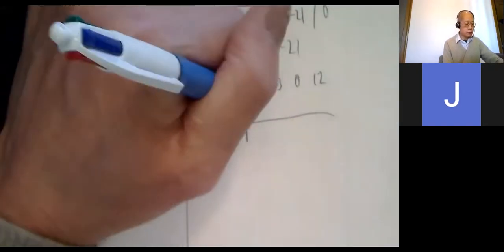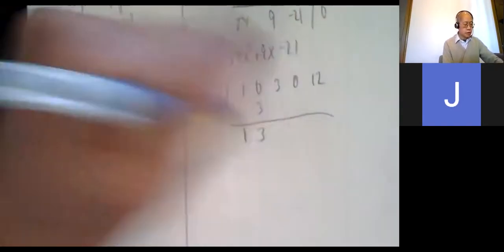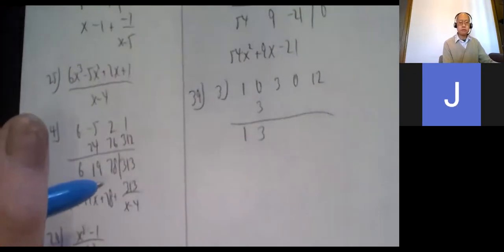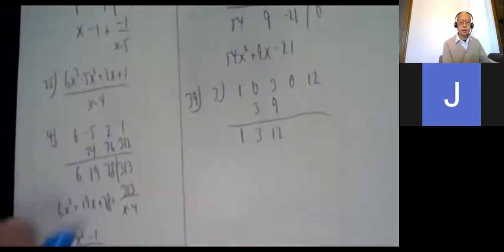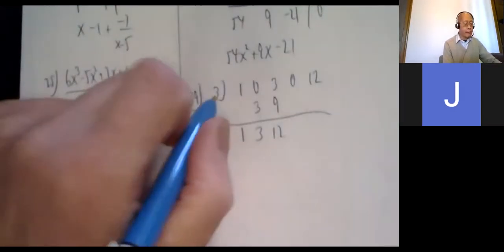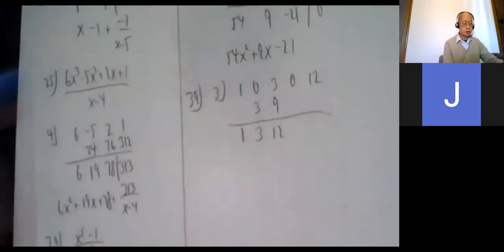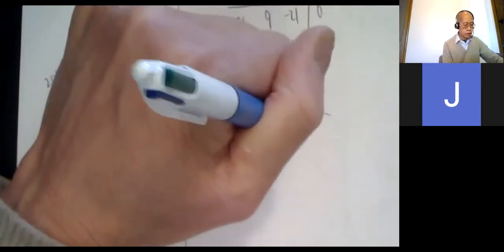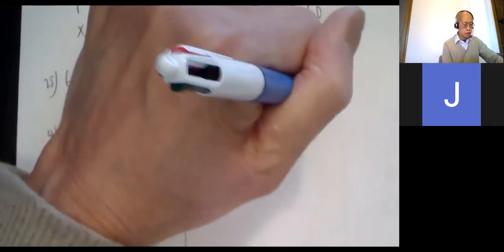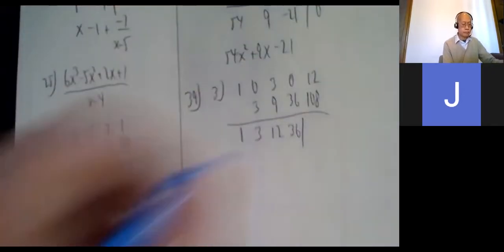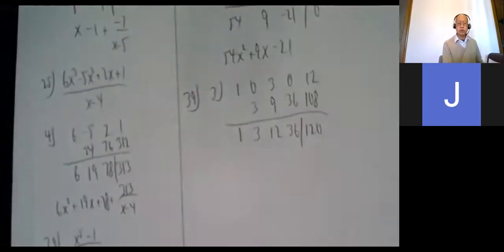Multiply. Add. Multiply. Add. Multiply. 3 times 12. Add. Multiply 3 times 36, punch it in your calculator, 108, add 120, quotient, remainder.